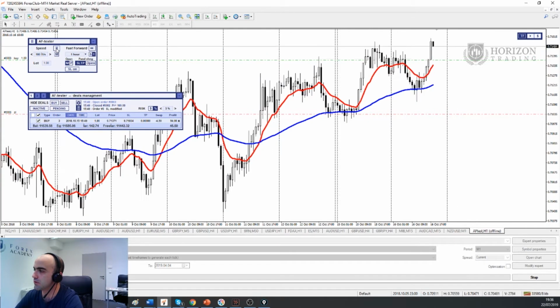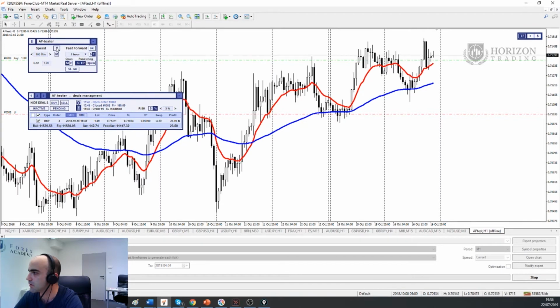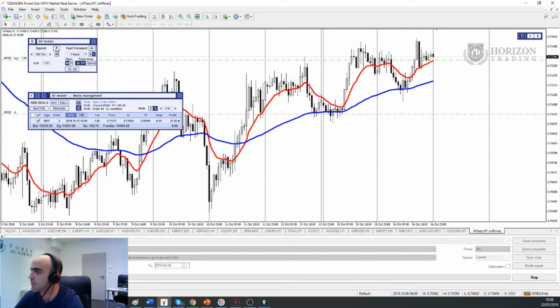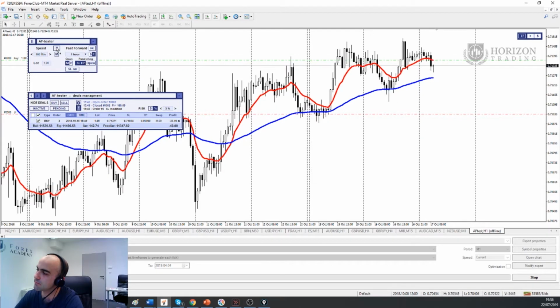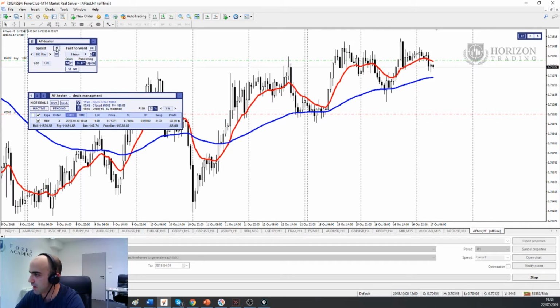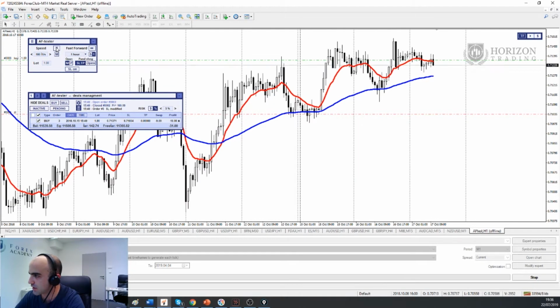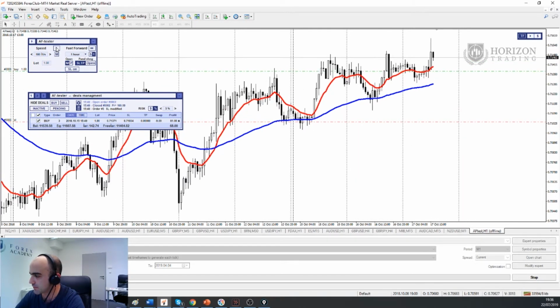You can see it's a nice trend over here coming back up. I believe this one was not the best option for trading. However, I believe that now the two moving averages are going to get closer together and probably go in another direction.